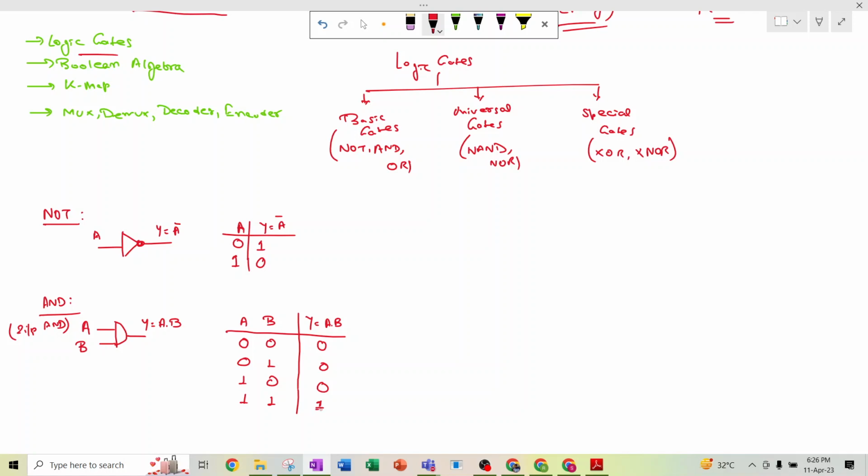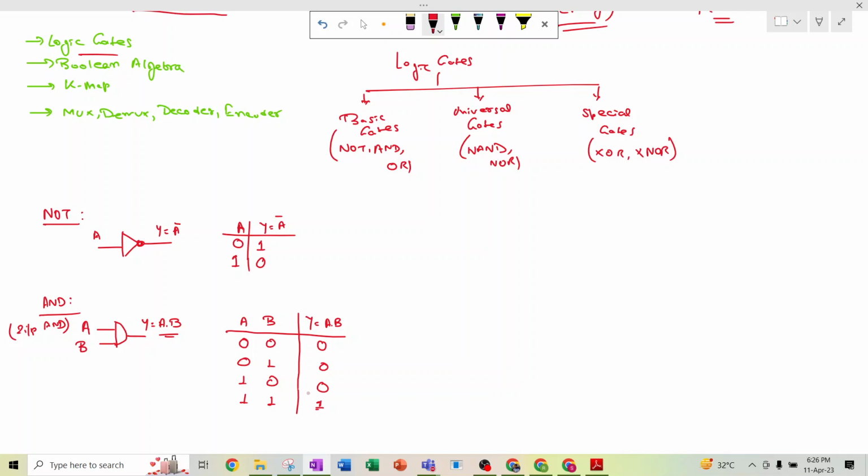The physical significance of the AND gate is that the output becomes 1 whenever all the inputs become 1. Or, in other words, the AND gate output will become 0 when any one of the inputs becomes 0. Here A and B are both 0, so the output is obviously 0. Here A is 0, so the output is 0.